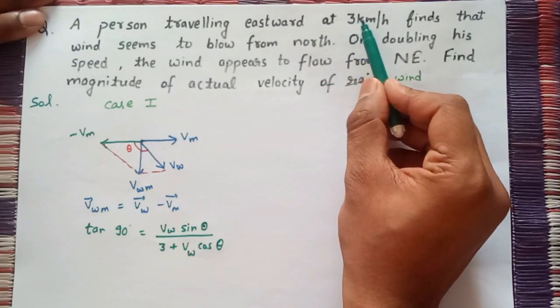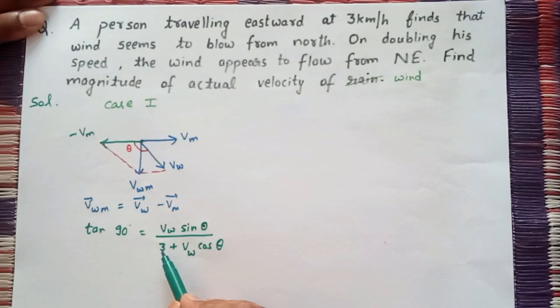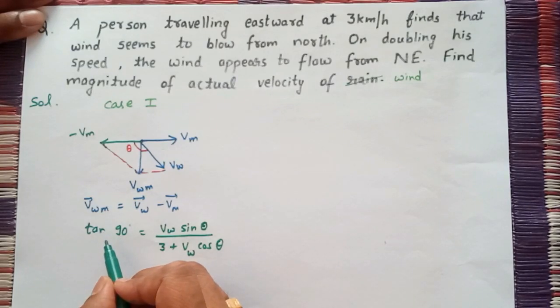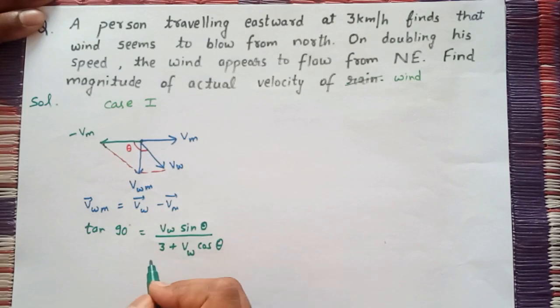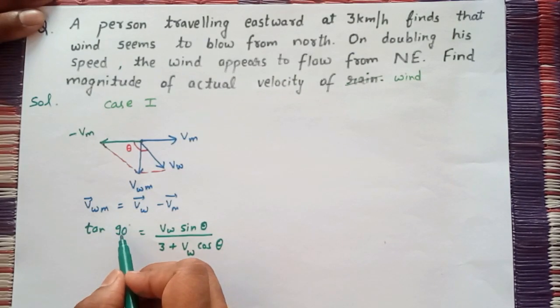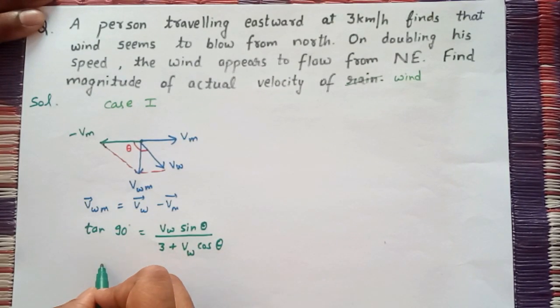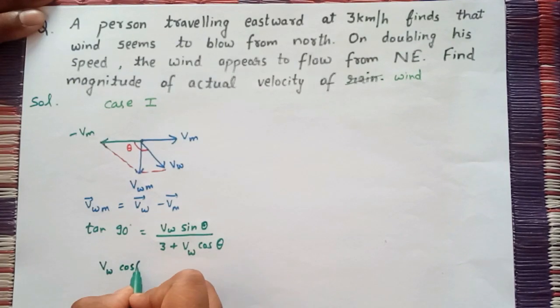See, velocity of person is 3, so I have kept the direct value. I have used the formula tan beta is equals to b sine theta upon a plus b cos theta. So putting the value of tan 90, that is 1 by 0, I will get the value that VW cos theta is minus 3.